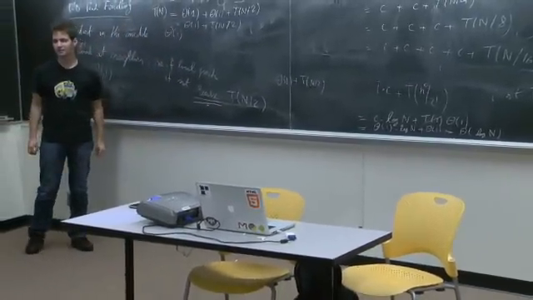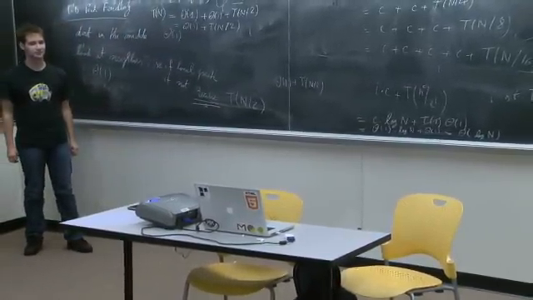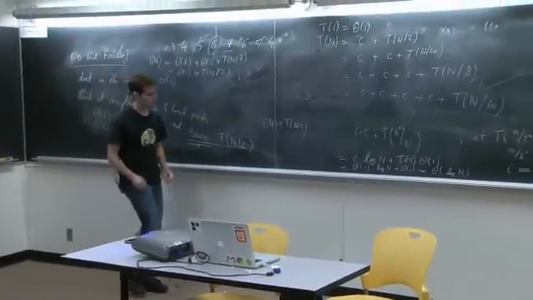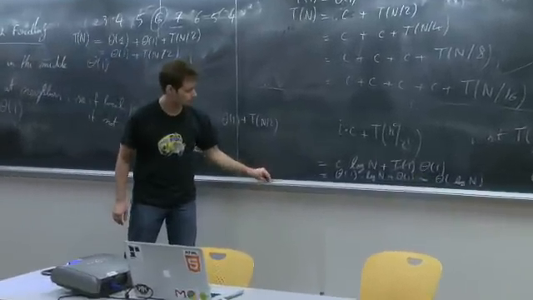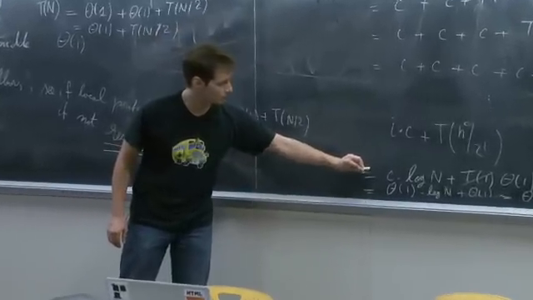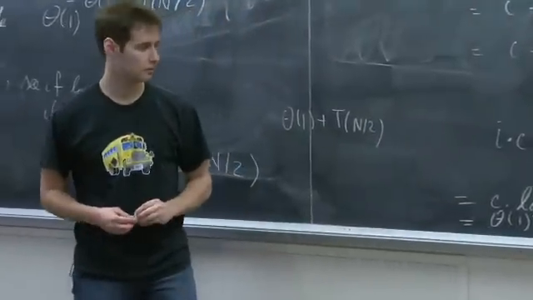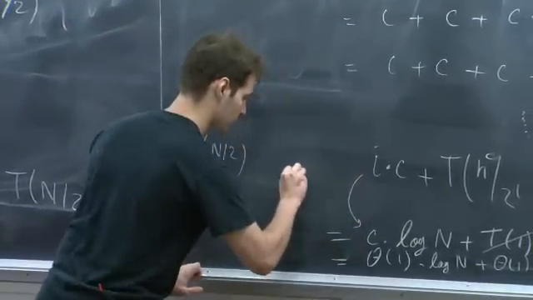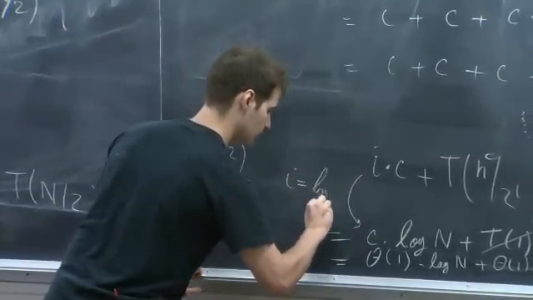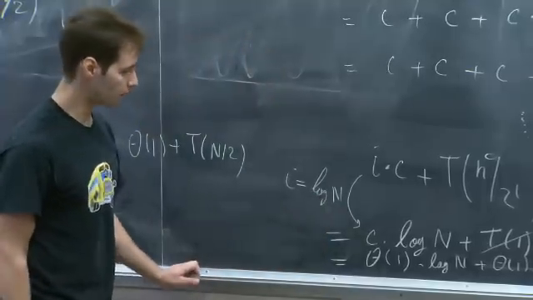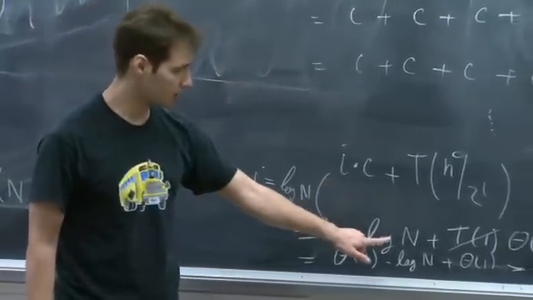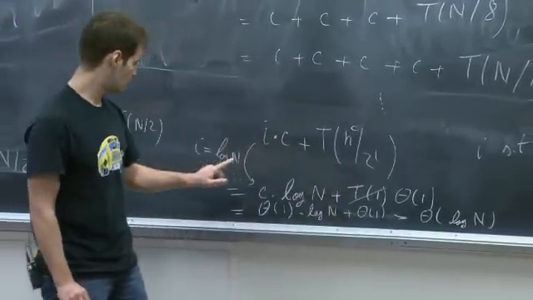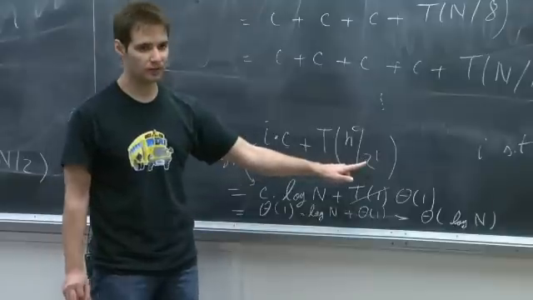Okay, how are we doing? Yes? In the second to last line from the bottom, I don't understand after the c times log n. Replace i by log n, and the second part of the equation, how did you... Okay, so in the jump from here to here where I set i equals log n, i becomes log n, c stays c. You're wondering about this part, right? So if i is log n, then 2 to the i is n.